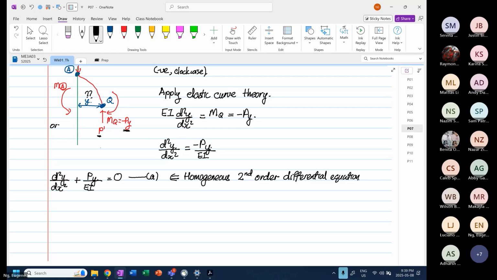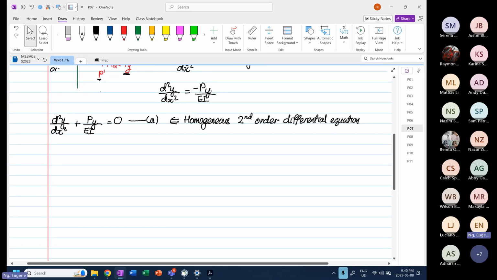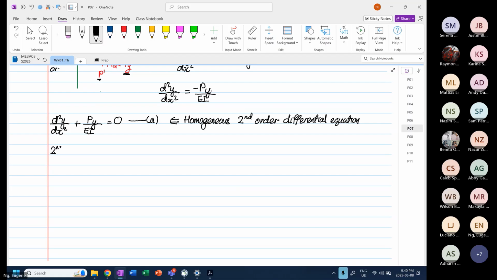Just to quickly recap, a second order differential equation usually has a d squared y over dx squared plus b dy over dx, and then plus c y.